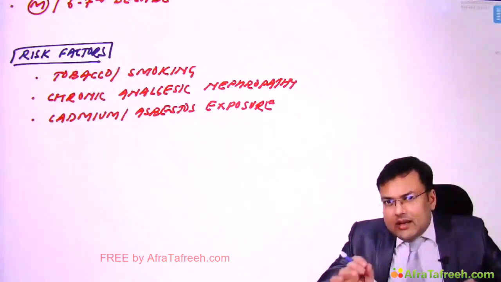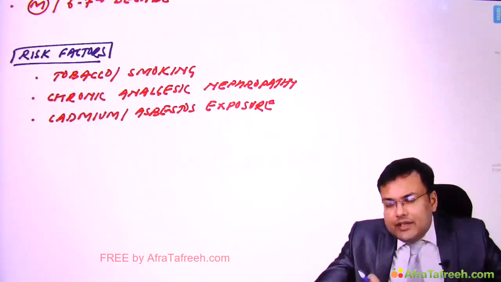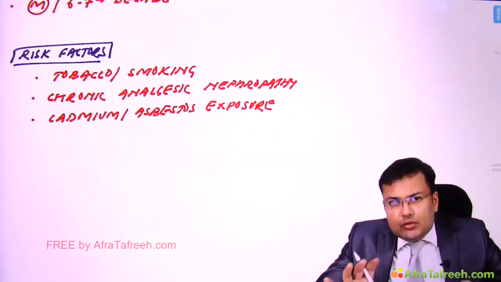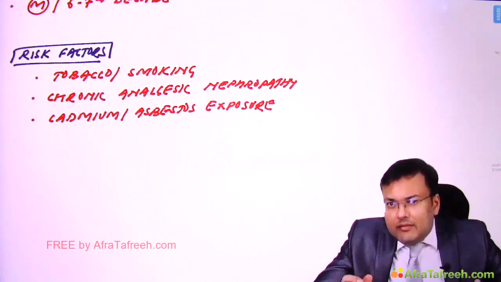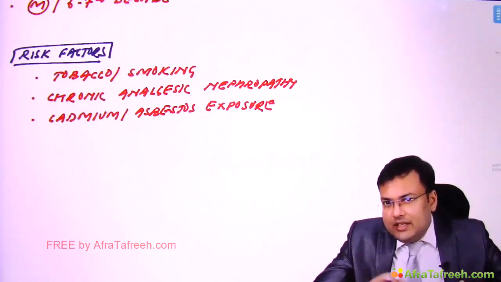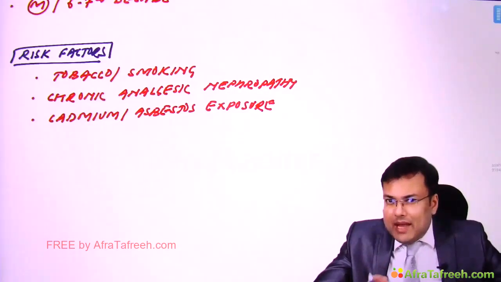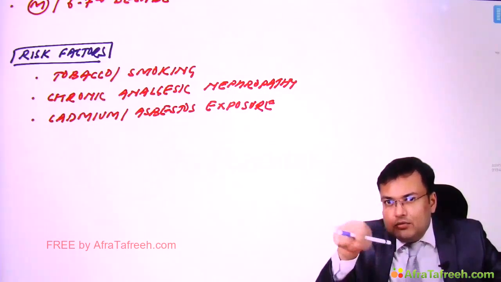Then there are important unique features of RCC. What are those unique features? The features which are generally not seen in malignancies. First, despite being a malignancy, it has a false capsule around the tumor.